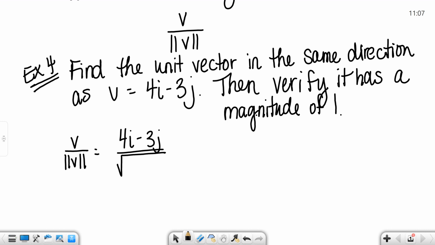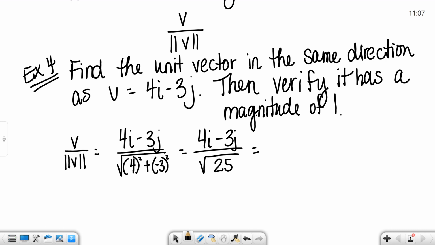Its magnitude, remember, we take a squared plus b squared, and then we take the square root of that. That would give me the square root of 16 plus 9, which is 25, and then I can actually do that, and I get 5.